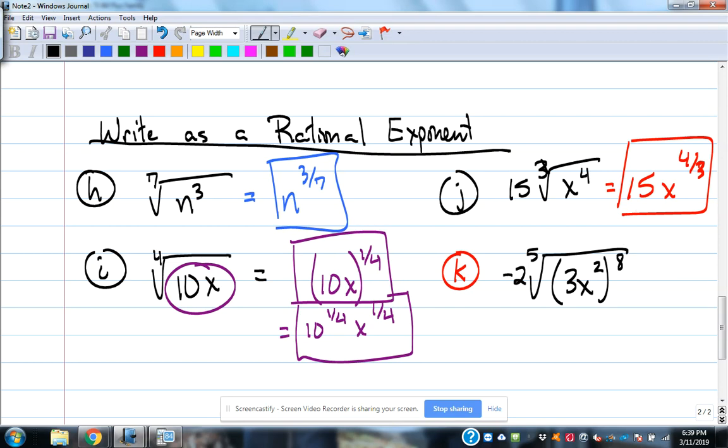Ooh, fancy. So the -2, where does it go?